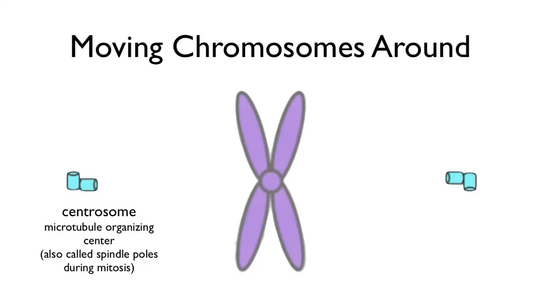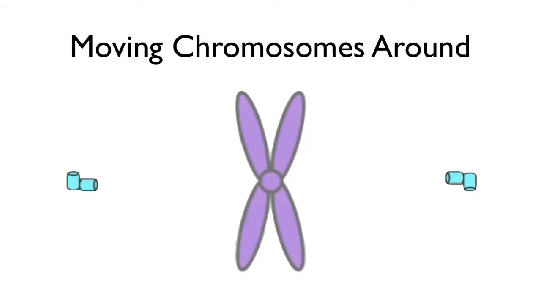So when we move these chromosomes around, what's going to be needed here? We've got centrosomes. Centrosomes are microtubule organizing centers. These are organelles that are replicated along with the DNA during the S phase of interphase. During mitosis, you'll see them often referred to as spindle poles because they actually organize each of the two poles of the cell during cell division. Now, these centrosomes have to be anchored in some way.